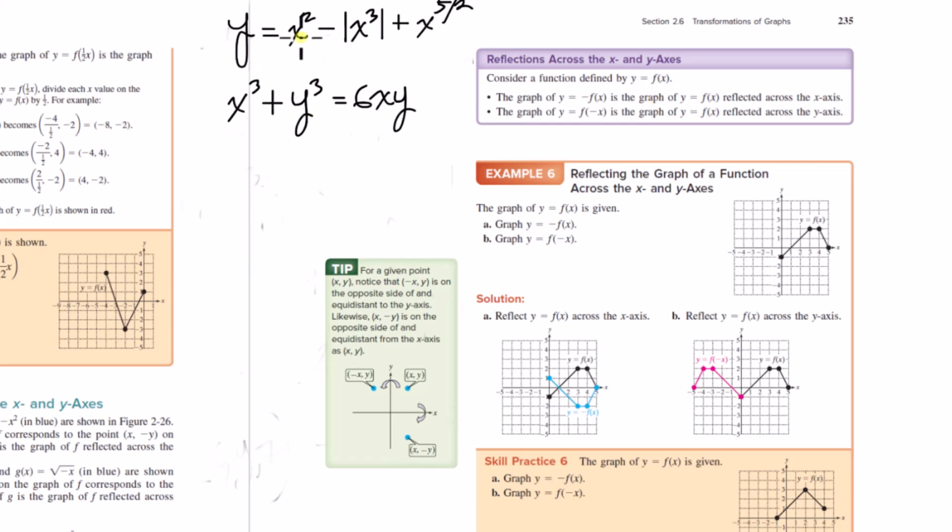If you're talking about a function, it's just going to do that. If you're talking about a relation, you would do that. And this would reflect the entire graph about the x-axis.